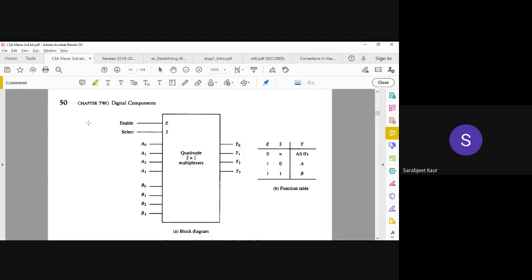Please see, if we had a normal 2 cross 1 mux, how would it have looked? Let us first look at that so that you're able to appreciate what you're seeing in the integrated picture.